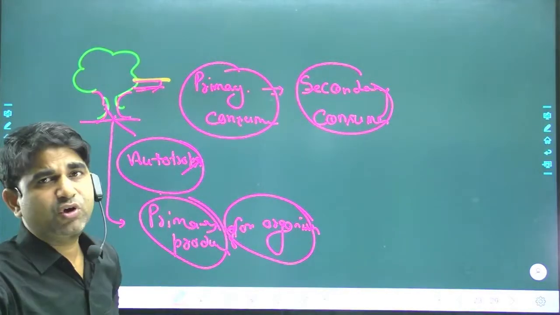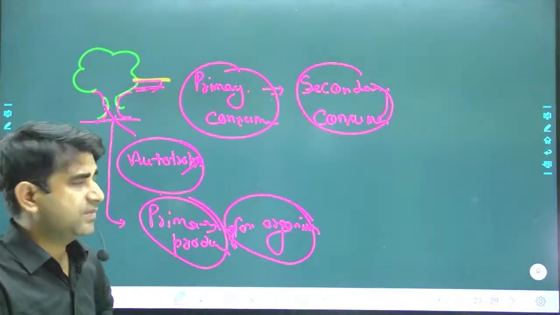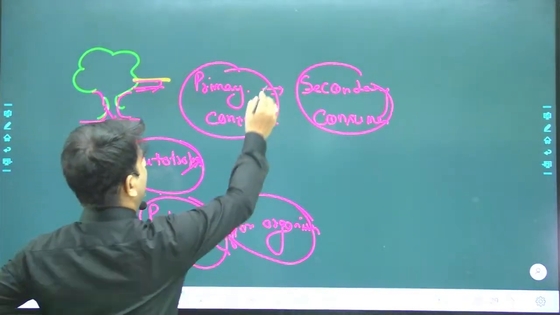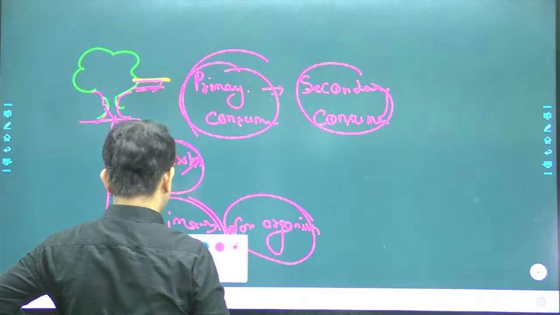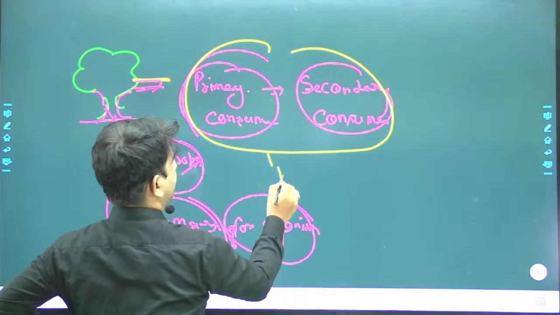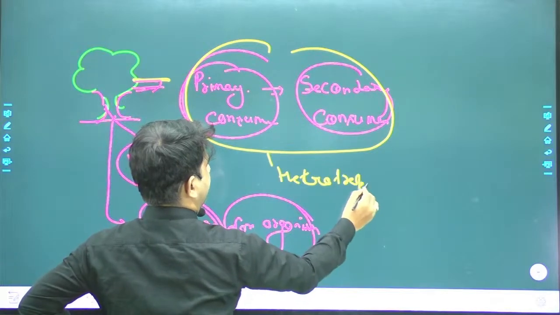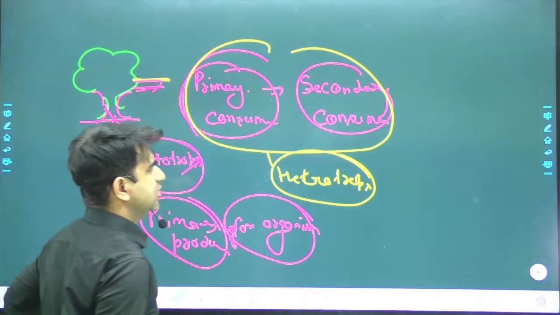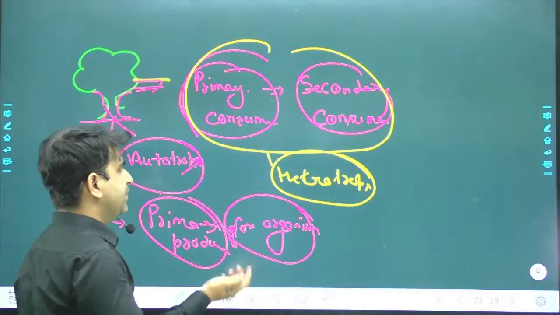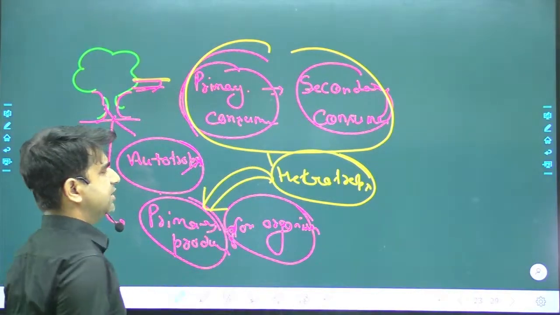And when we talk about heterotrophs, all of these are heterotrophs, and they depend on primary products for their food.